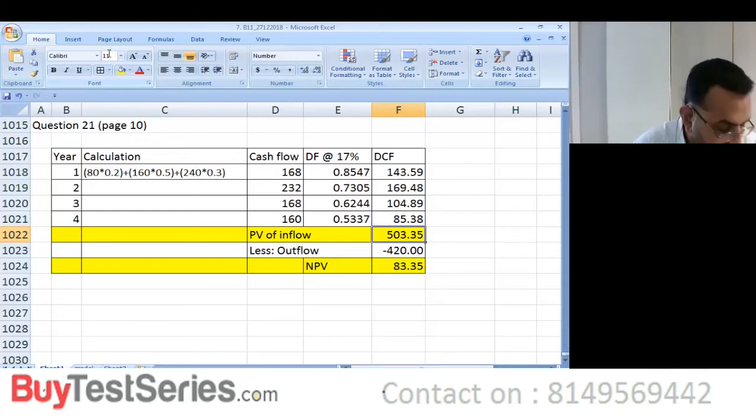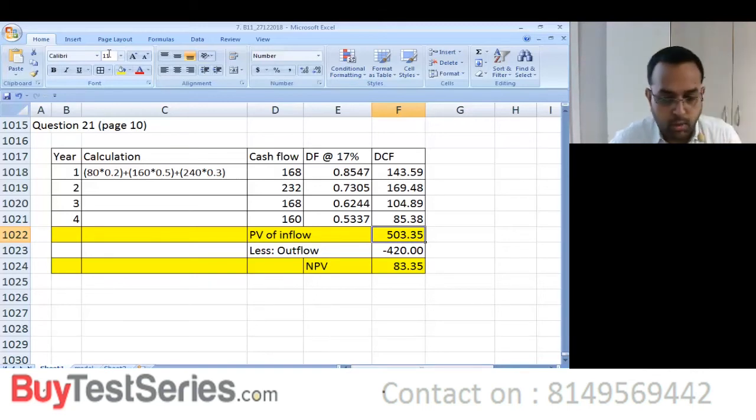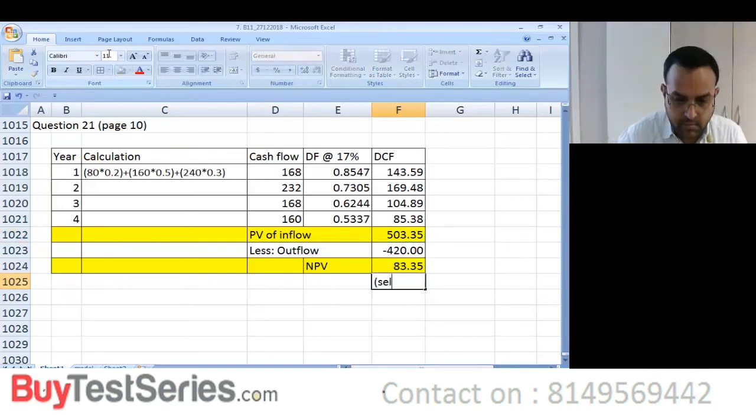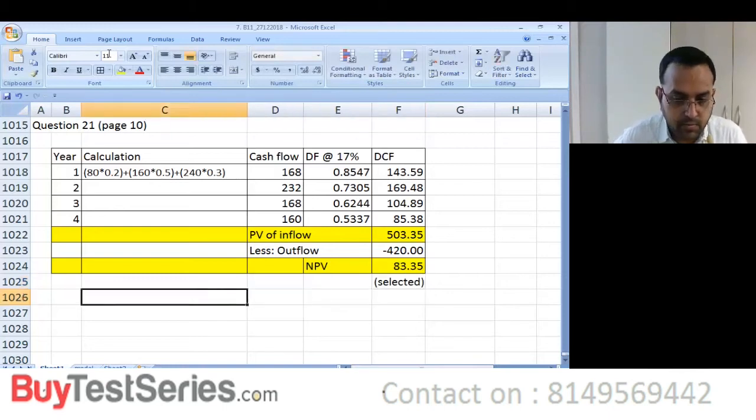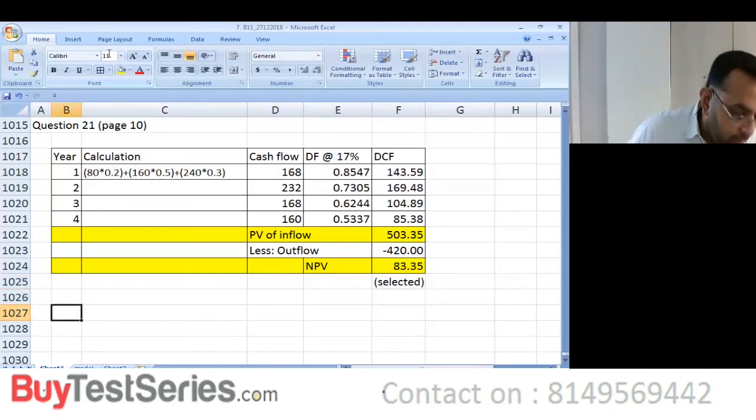Right? Up to this, what we have done is the calculation of net present value, and then we'll say the project will be selected. Next is simulation.